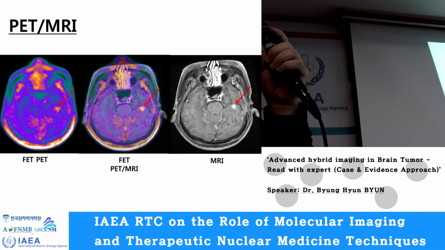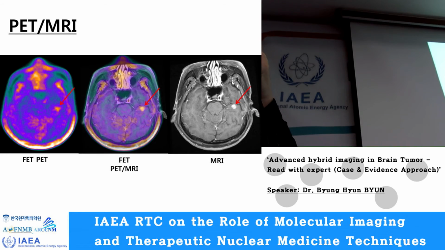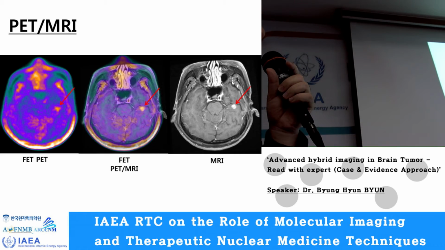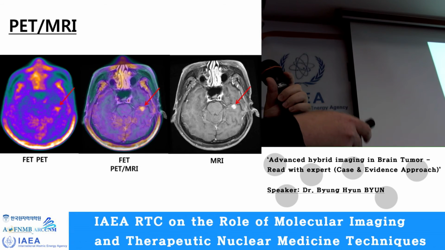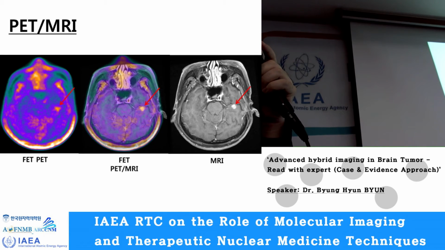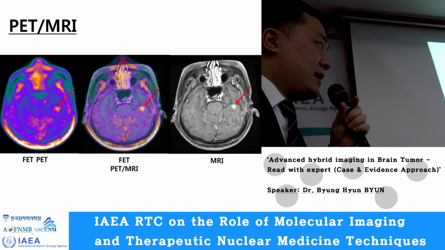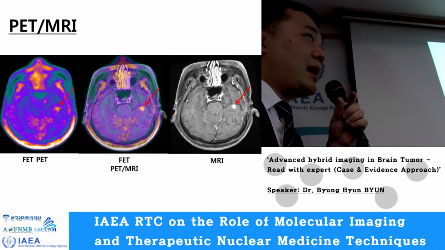Okay, finally I will show a case with PET MRI on brain imaging. We can combine the PET imaging and MRI. On MRI, there is an enhancing region, and on FET PET, there is an increased uptake.